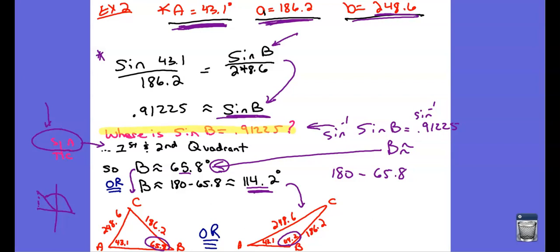It could be triangle 1, it could be triangle 2, and you have to consider both case scenarios.